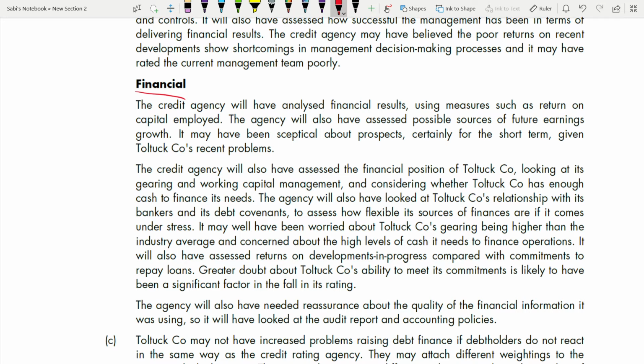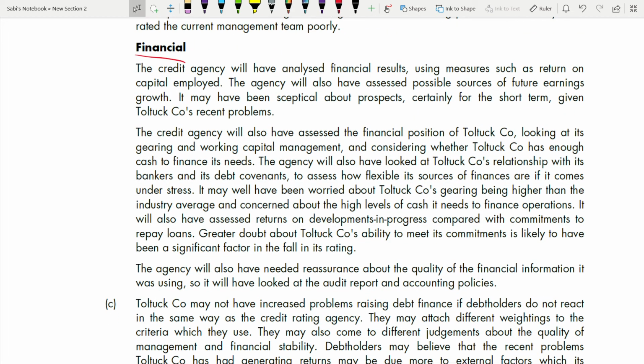So if a company is currently facing problems, then credit agencies become very skeptical before they give any credit rating. It is their job. They have to be skeptical. Because based on the credit ratings which the agency gives your company, other stakeholders or shareholders are going to invest in your company and debt holders are going to provide finance.